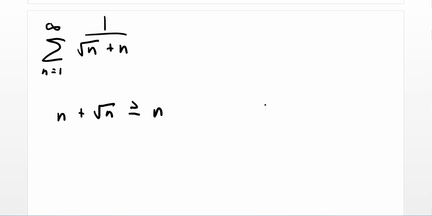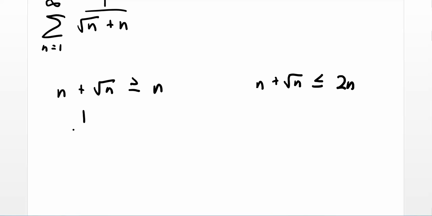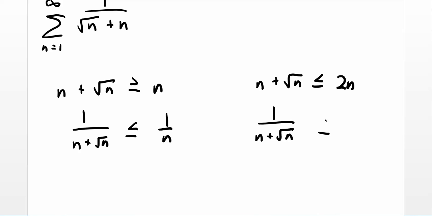And I can also say n plus root n is less than or equal to n plus n, or just 2n. So flipping these inequalities as we did before, we get 1 over n plus root n is less than or equal to 1 over n. On this side we get 1 over n plus root n is greater than or equal to 1 over 2n.